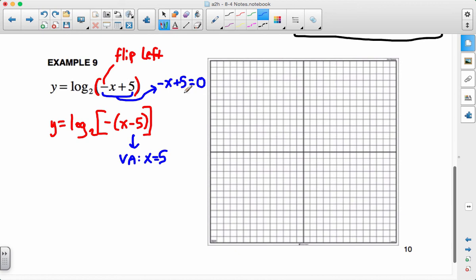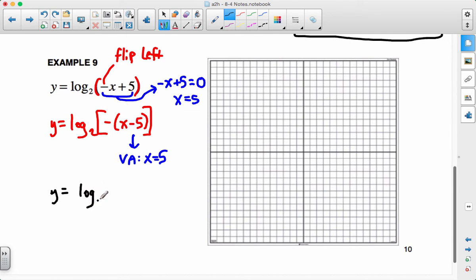Basically, it means does not equal 0, and solve for x, and we'd still get x equals 5 that way as well. So I don't really need to factor this out unless I'm asking, you know, how's it flipped and all that stuff. So let's just go back to the original, whatever you see is easier. This form or this form, it doesn't really matter.